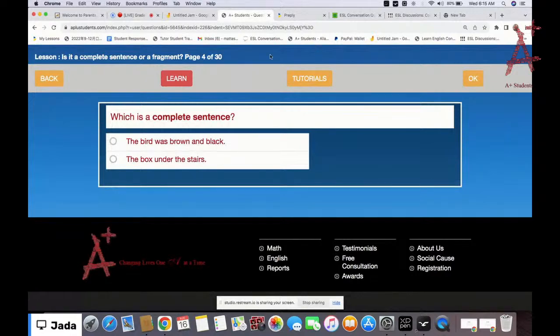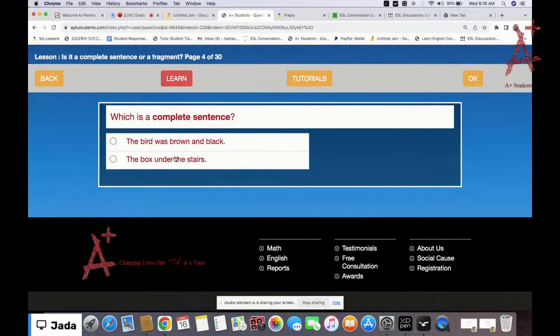So which is a complete sentence here? The bird was brown and black. The box under the stairs.